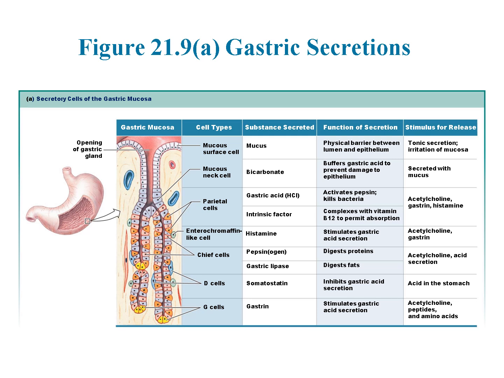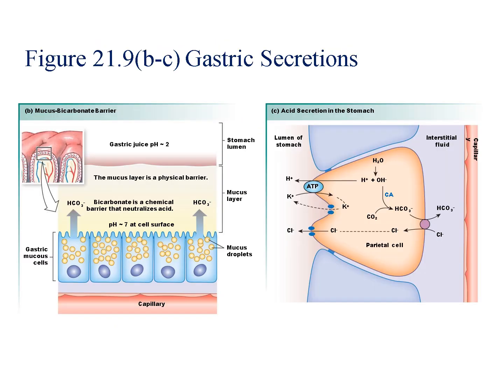By coordinating these secretions, the stomach ensures that food is efficiently digested while maintaining a protective balance to prevent damage to the stomach lining.